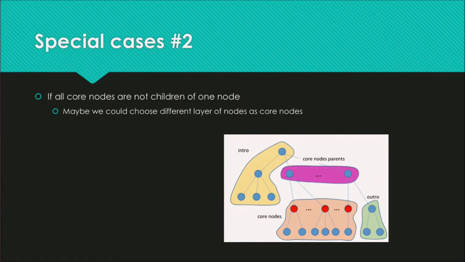But maybe we have just chosen the core nodes wrongly. Maybe we should have chosen this layer as a layer for core nodes, and we can do exactly the same thing.